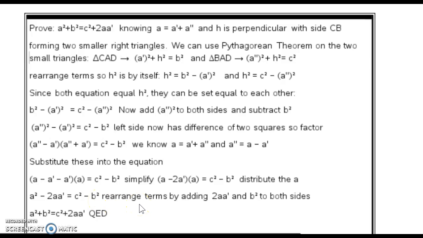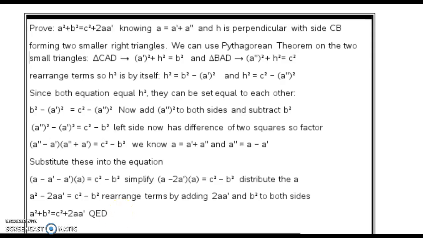So we rearrange terms one more time by adding 2AA prime and B squared to both sides. So this moves over here and the B squared moves over here, and lo and behold, we get A squared plus B squared equals C squared plus 2AA prime, which is what we wanted to prove.